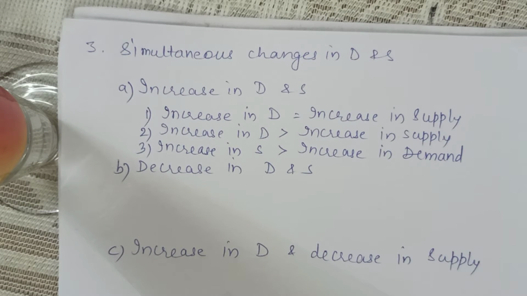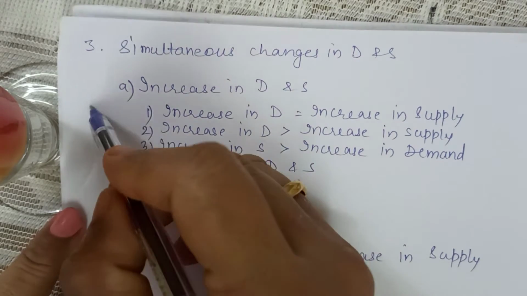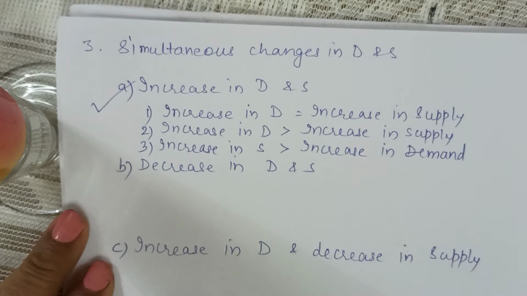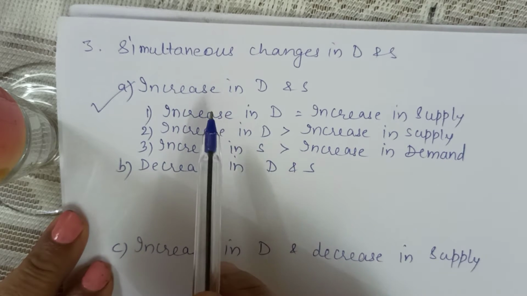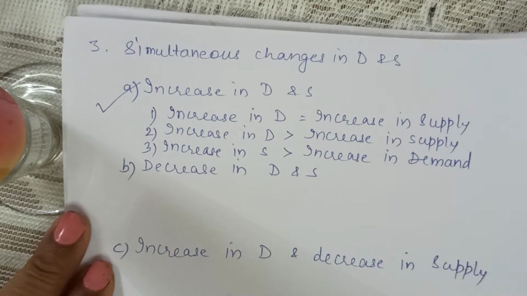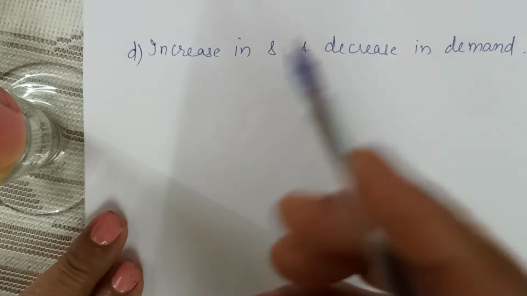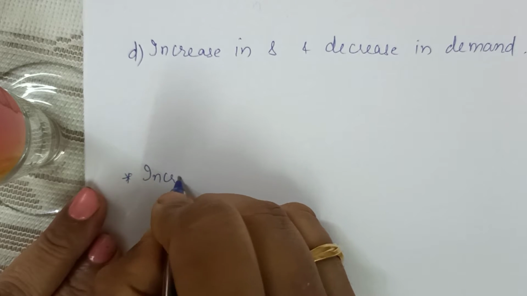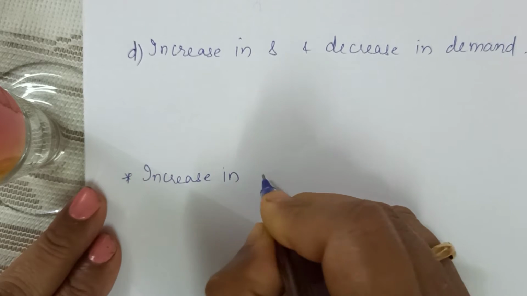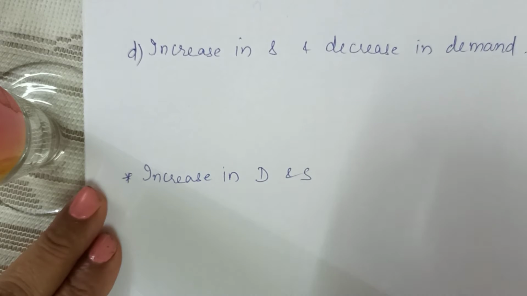Now we are going to take the first one, that is we are going to see all these conditions. It means increase is going to take place. Let us see the figure for increase. So here we are taking increase in demand and supply.